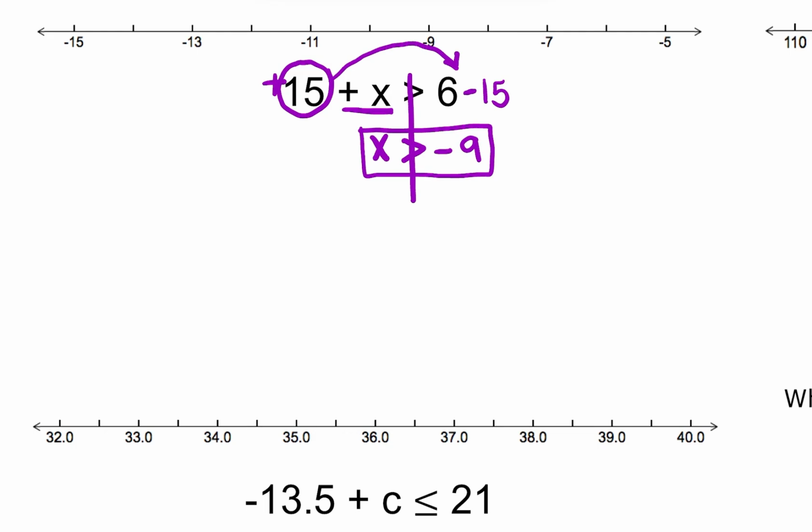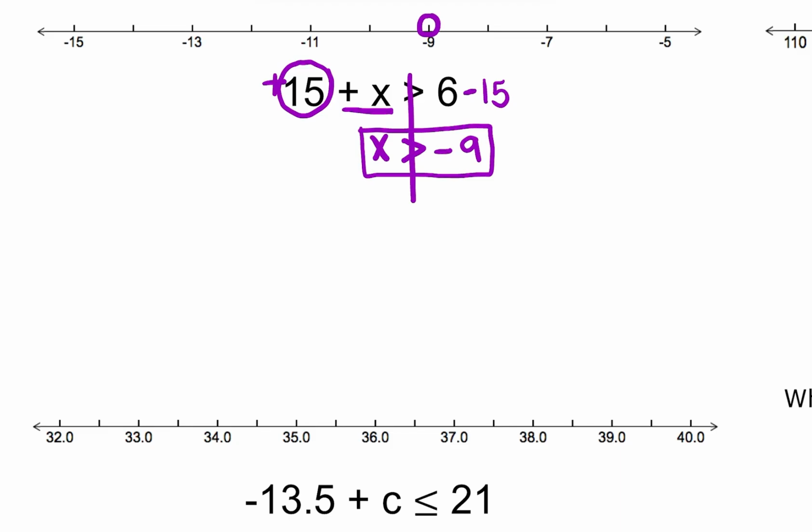Okay, so to graph, let me erase this arrow so we can see that a little better. To graph, I'm going to go to -9 because I have -9. So on my -9, I need to decide, is my circle going to be open or closed? My alligator mouth tells me. So my alligator is just the alligator, so it is open.